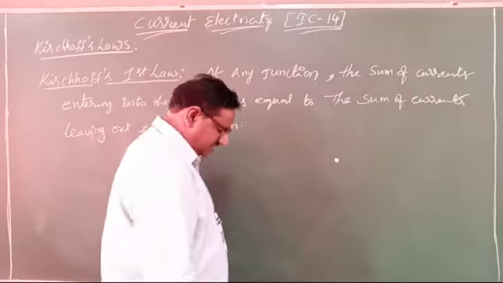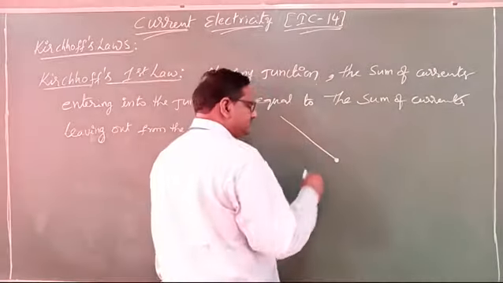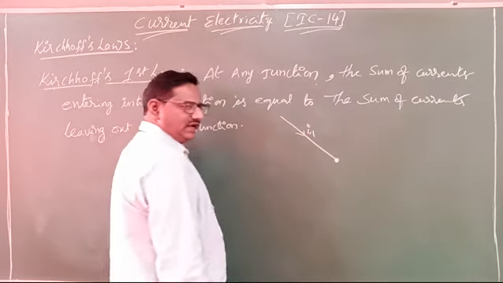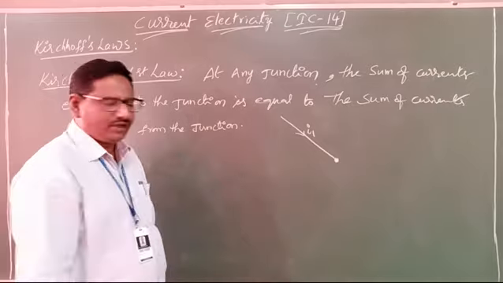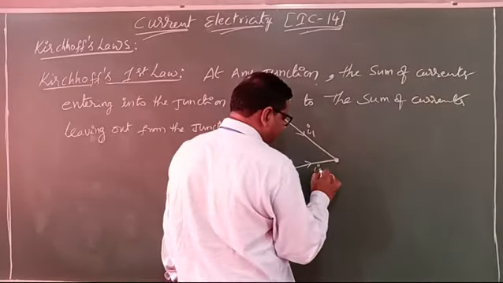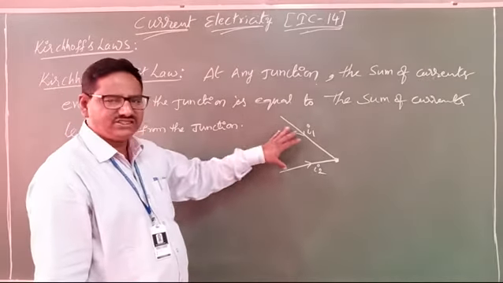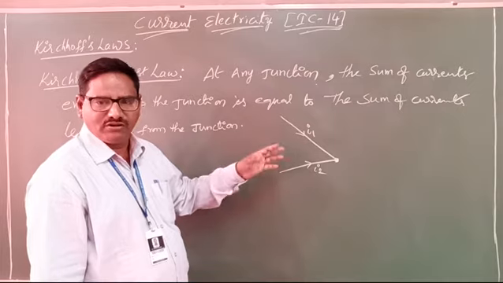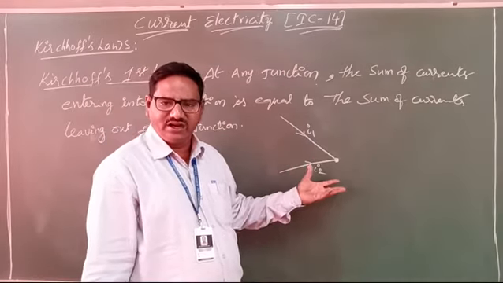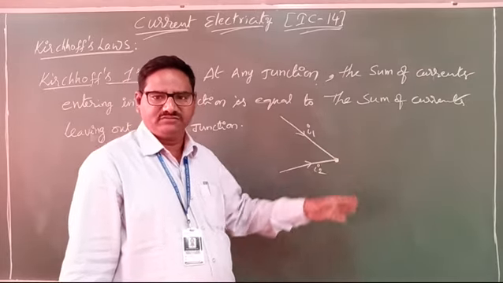Now for this junction, I want to take one current like this. This current goes inside the junction. That is I1. The second one, I take the current as I2. In this diagram, the individual currents I1, I2 are considered as entering into the junction.